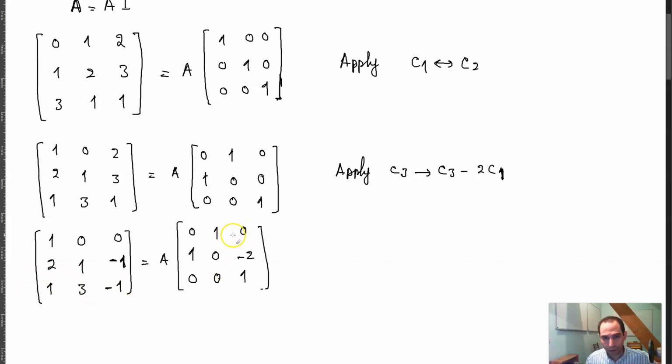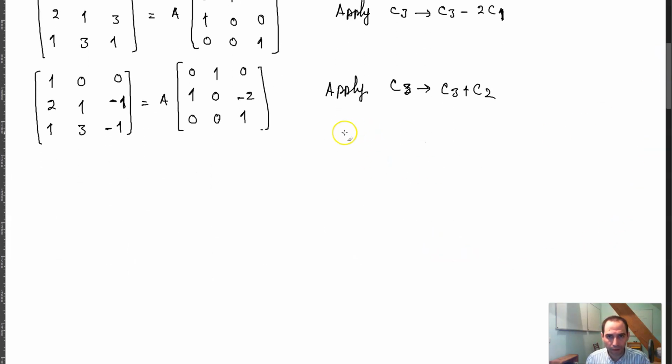So we have a couple more steps to go, and then you can apply column 3 becomes column 3 plus column 2, which means that column 1 and 2 remain the same, so you have 1 2 1 and 0 1 3, and column 3 plus column 2, so 0 plus 0 is 0, and 3 minus 1 is equal to 2.